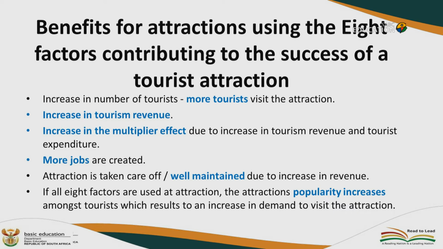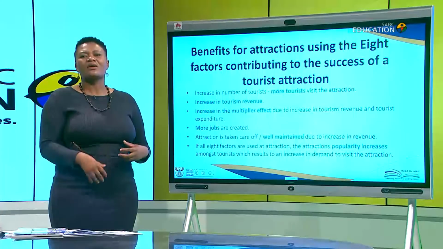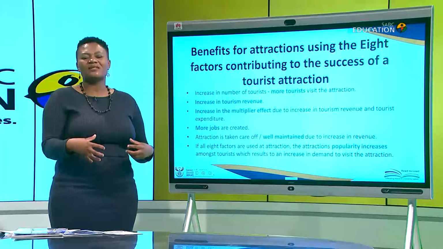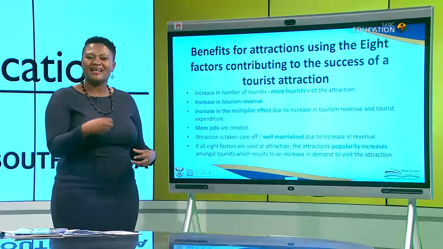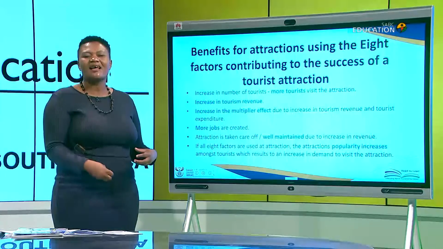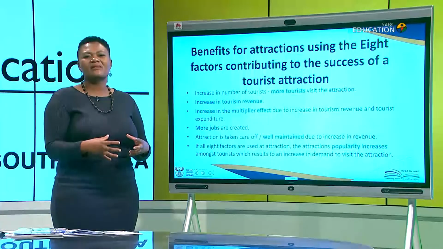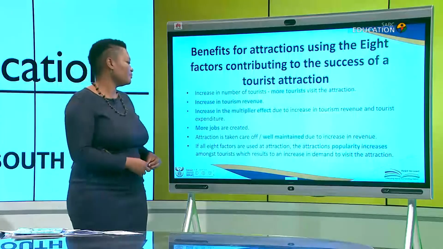That's a good thing. So don't be confused when you hear the word tourist expenditure and say, but when the tourists are having an expenditure, it's a bad thing. No, we're actually talking about the tourist expenditure being a good thing, because that means tourists are spending more on goods and services, meals at the attractions, and that money is used by other people to pay for other things. And remember that particular concept, we call it the multiplier effect.